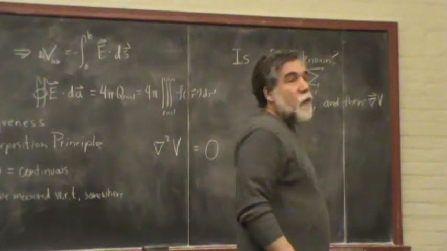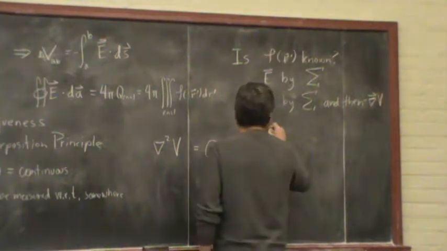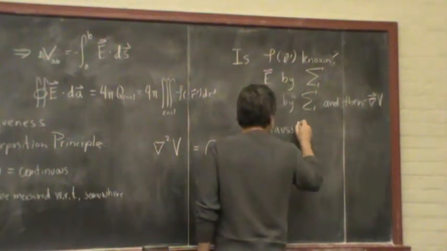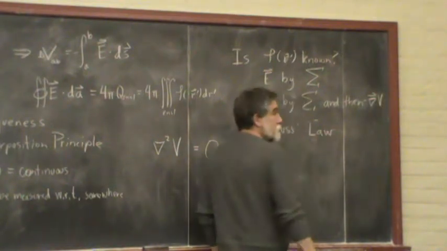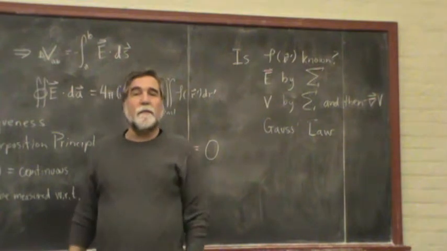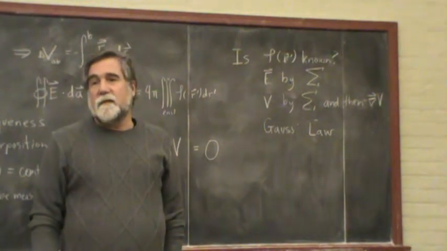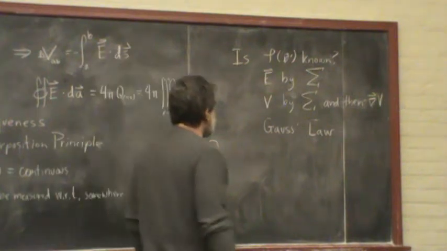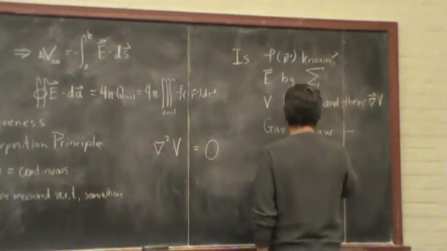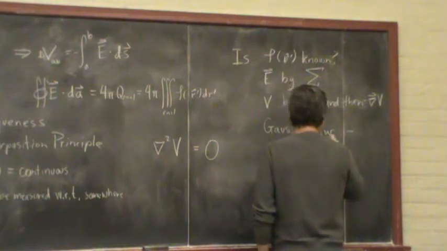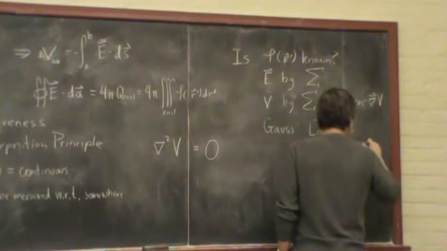There's one other way to find the electric field, which is to use Gauss's law. The integral form of Gauss's law is the easiest one. But this is really only of use in cases of high symmetry.